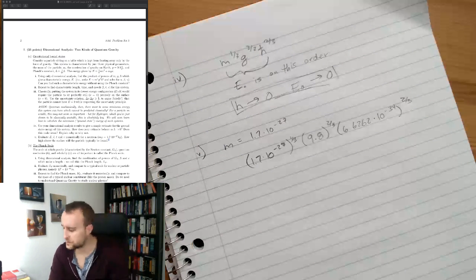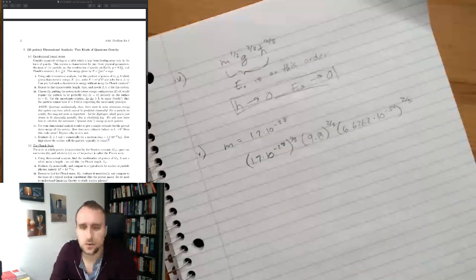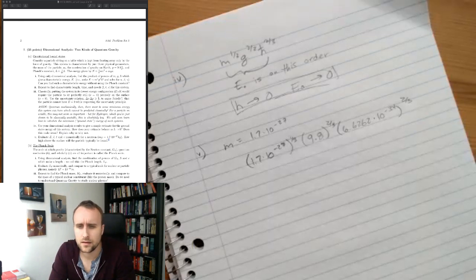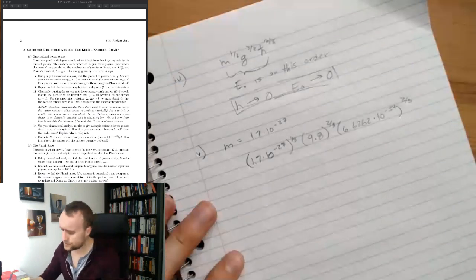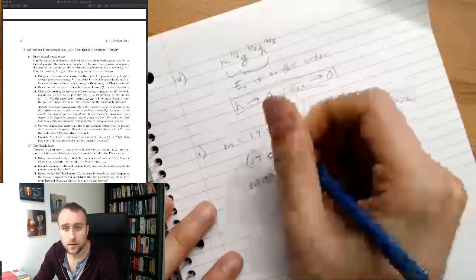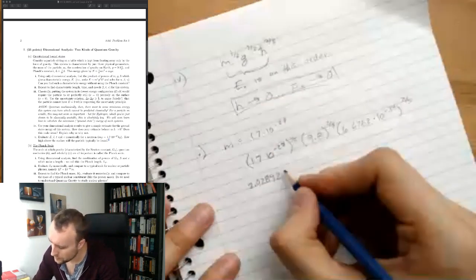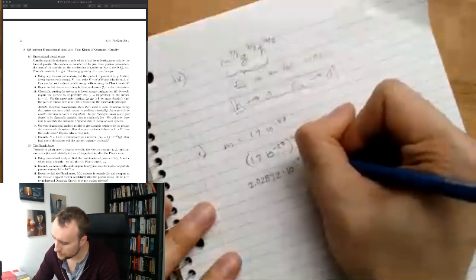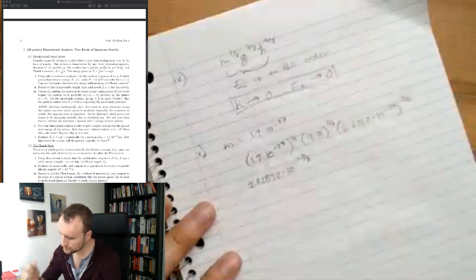Actually, let's just do the roots of these things here. 1.7 to the power of 1/3 is equal to 2.02892, times 10 to the negative 27 divided by 3.